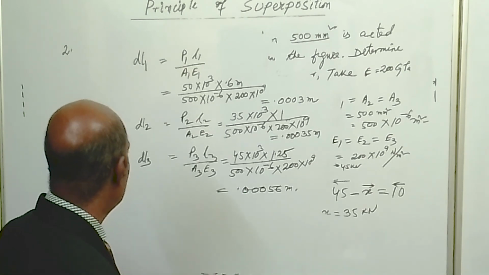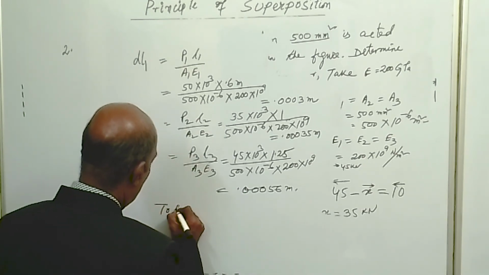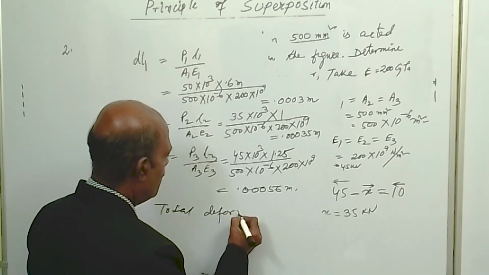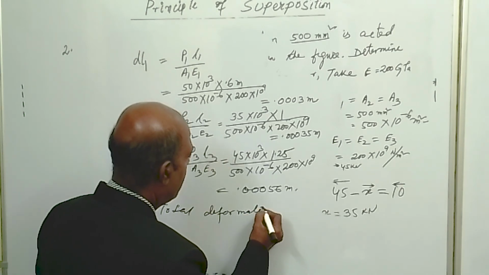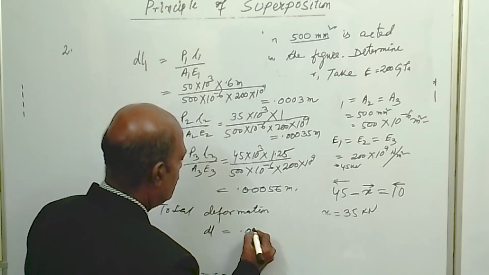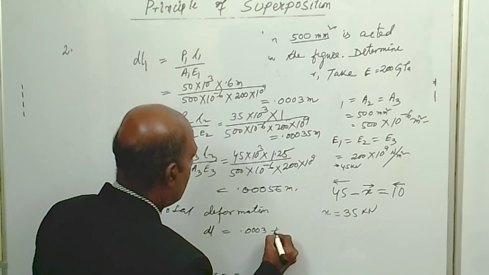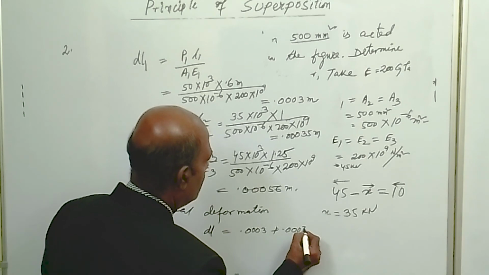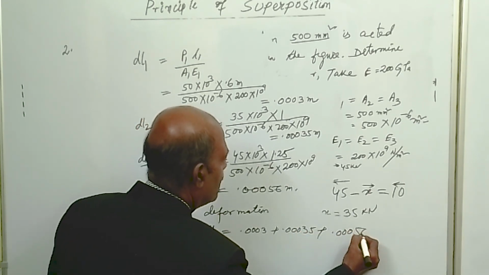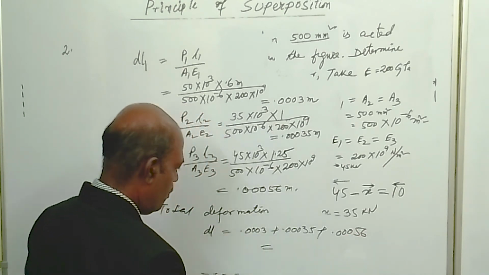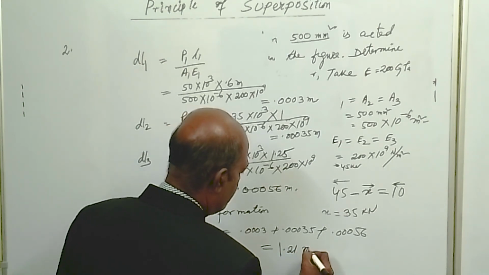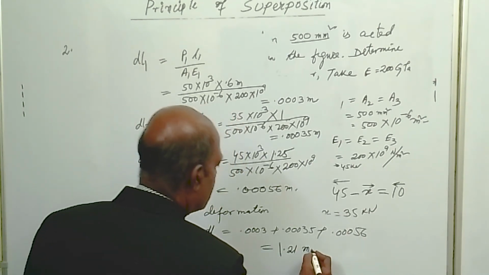So what is the total deformation produced in the bar? Total deformation, say dl, is equal to 0.0003 plus 0.00035 plus 0.00056, which is equal to 0.00121 meter.